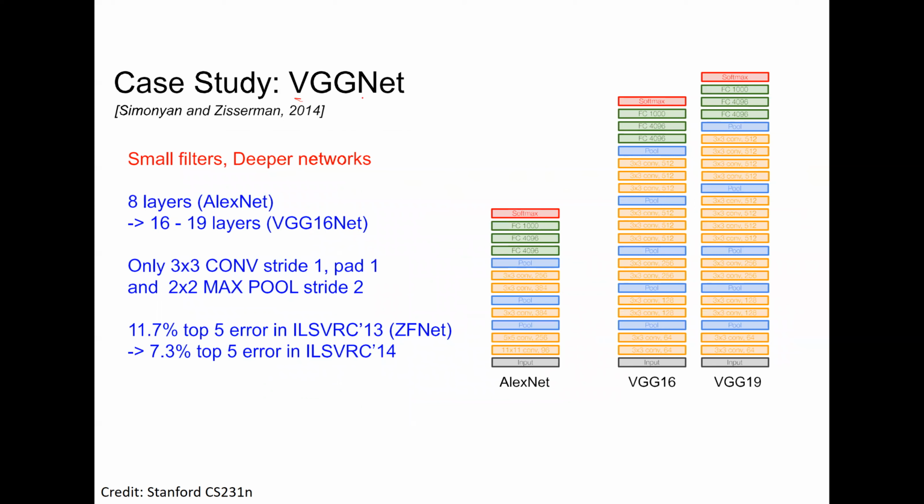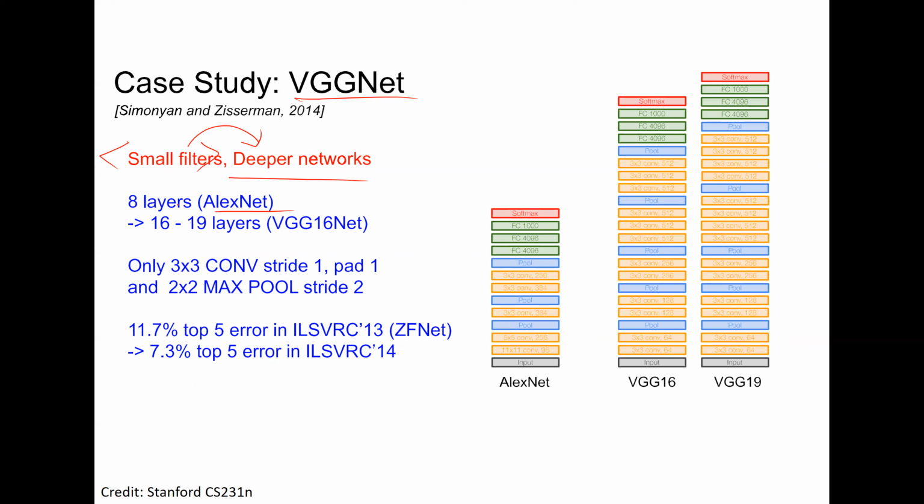And that is called VGGNet. Even though this is an old model, still nowadays, some researchers use VGGNets. And the main idea was, rather than using big filters, use small filters. In doing so, they can make the network deeper.